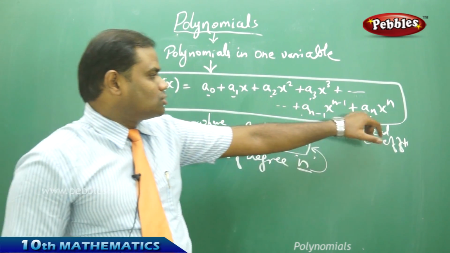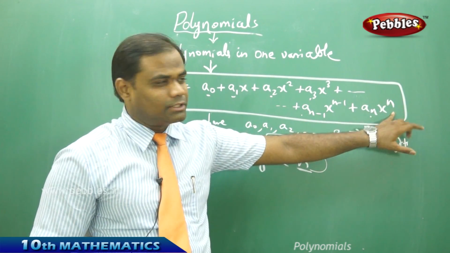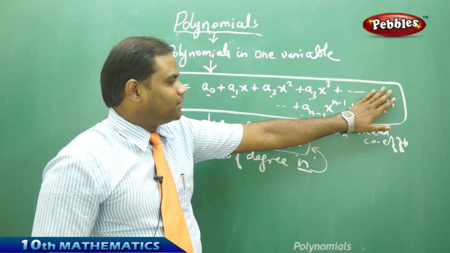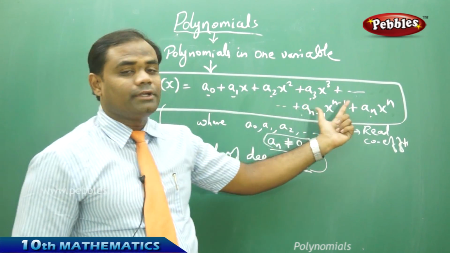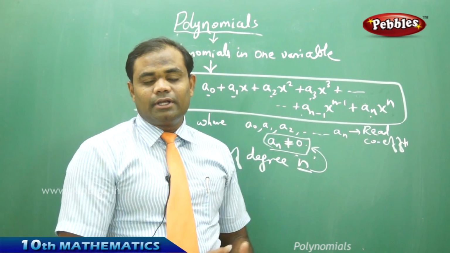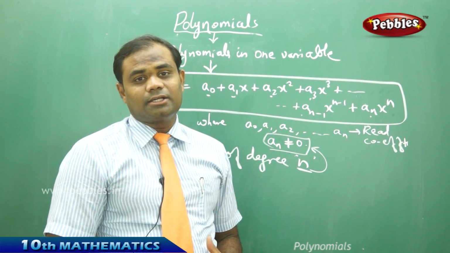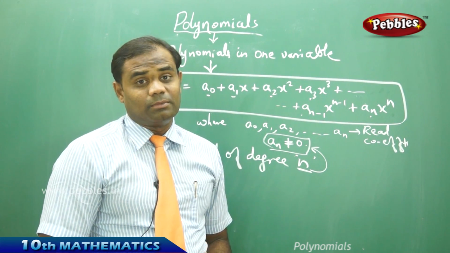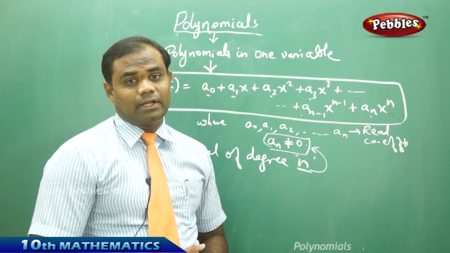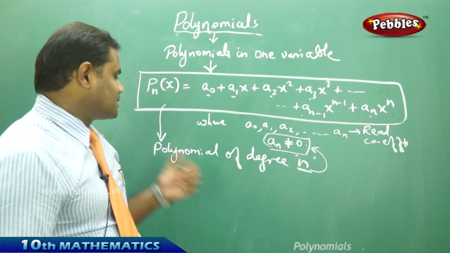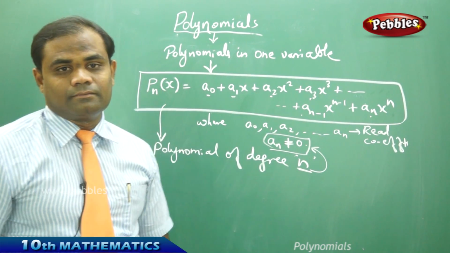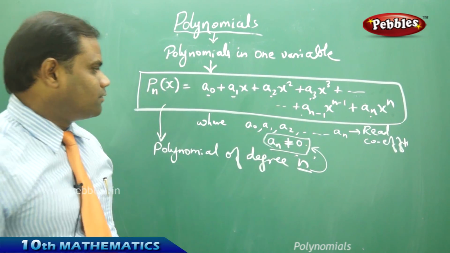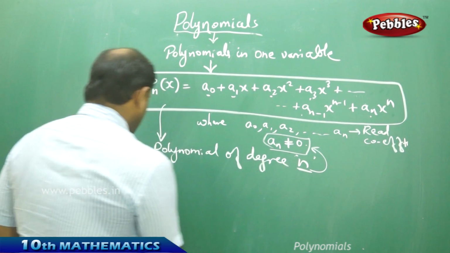If an is equal to 0, the whole of x power n vanishes, and the highest power becomes n minus 1. Therefore, this cannot be a polynomial of degree n, because the degree of a polynomial is the highest power to which the variable is raised. So let's understand this to be a polynomial of degree n, where each coefficient is real.